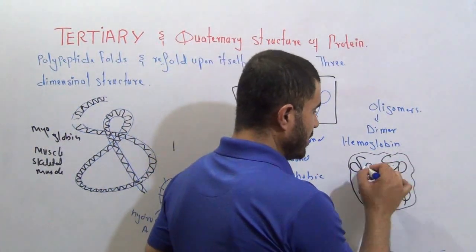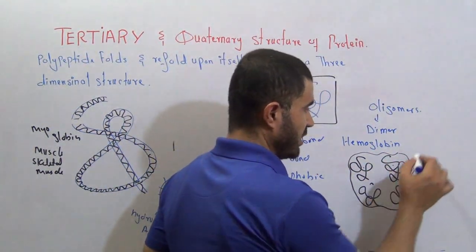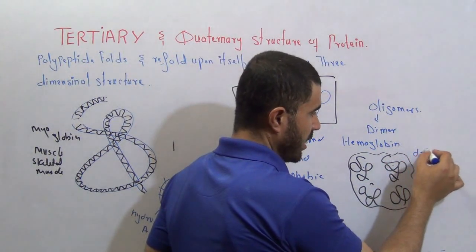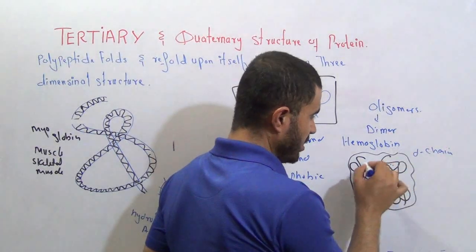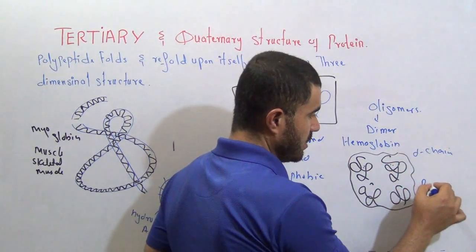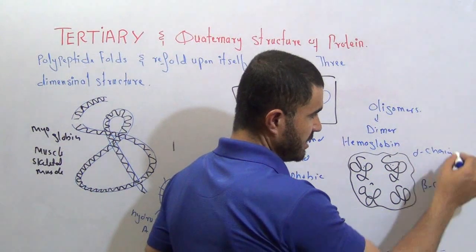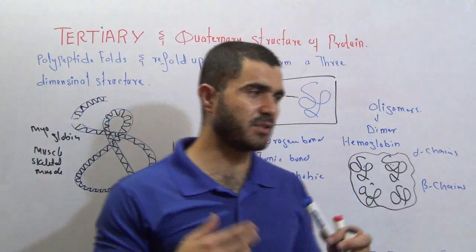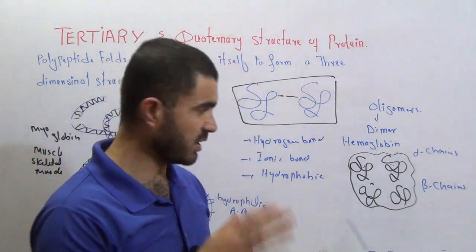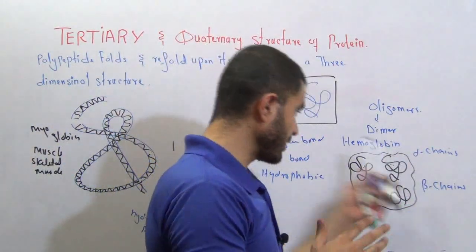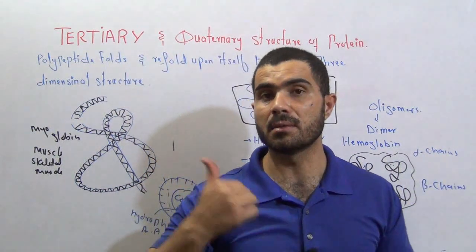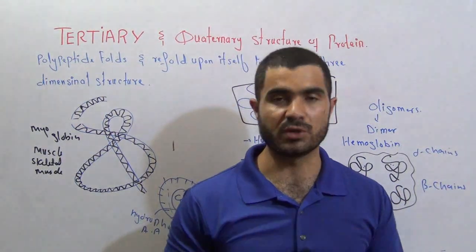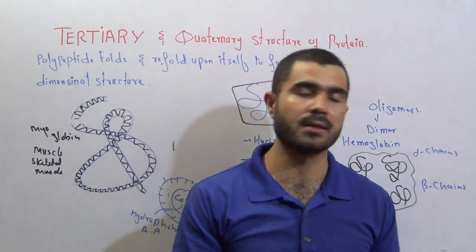Two of these four chains are called alpha chains, and the remaining two are called beta chains. We have already discussed the number of amino acids, 141 and 146 in each. The structure of that hemoglobin has already been discussed in the primary structure of protein, where we discussed how the primary structure is important in reference to sickle cell anemia.